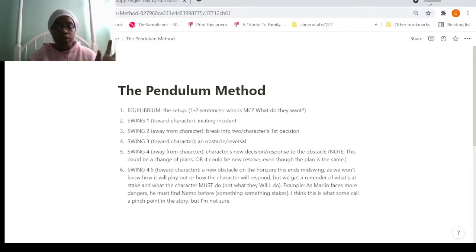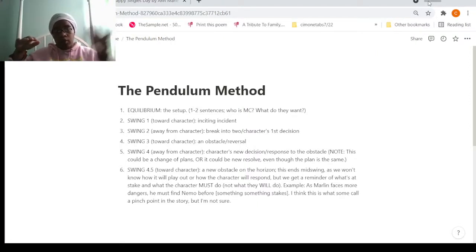Then you have swing 3, which is toward the character, and that's going to be an obstacle that they face as they are carrying out whatever their plan was from swing 2. Okay? Then you have swing 4, which is the character making a decision again. Now, there are two possible ways this could go in general. One is that your character tried doing one thing. It didn't work.